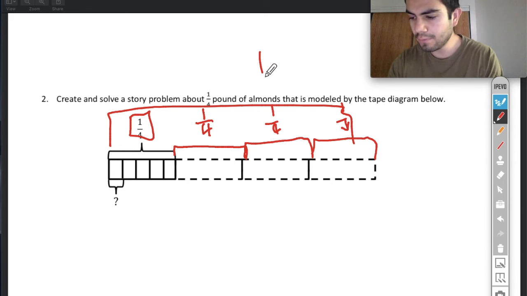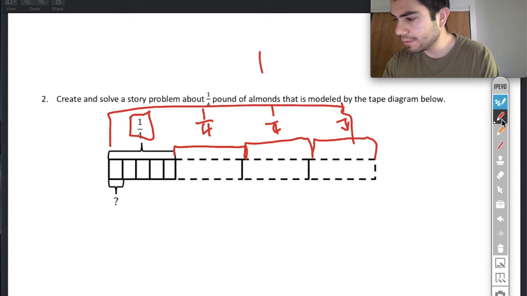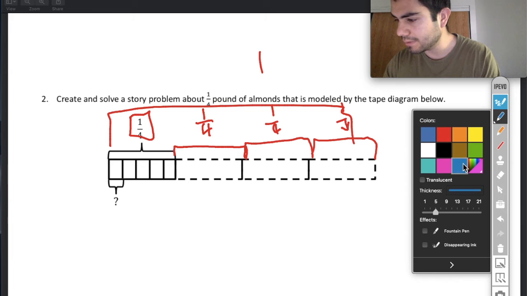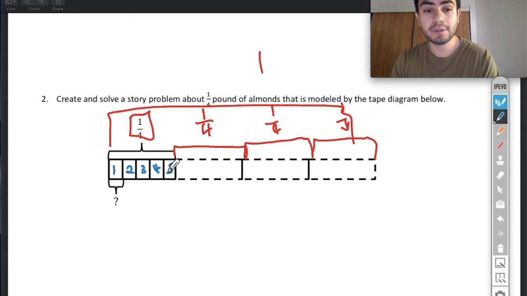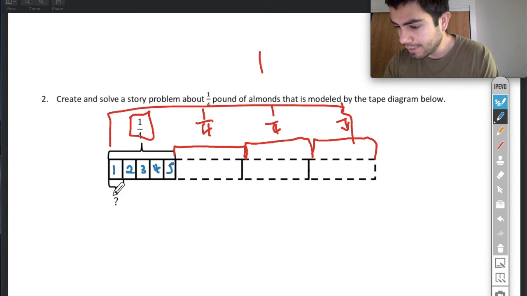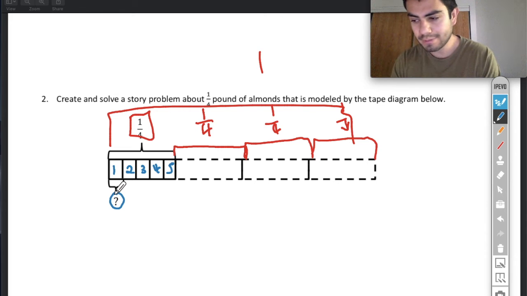Now, if each fourth is getting cut into, let's see how many pieces we have here. We have 1, 2, 3, 4, and 5. Okay, we have 5. How much is this little piece worth is what they're asking.